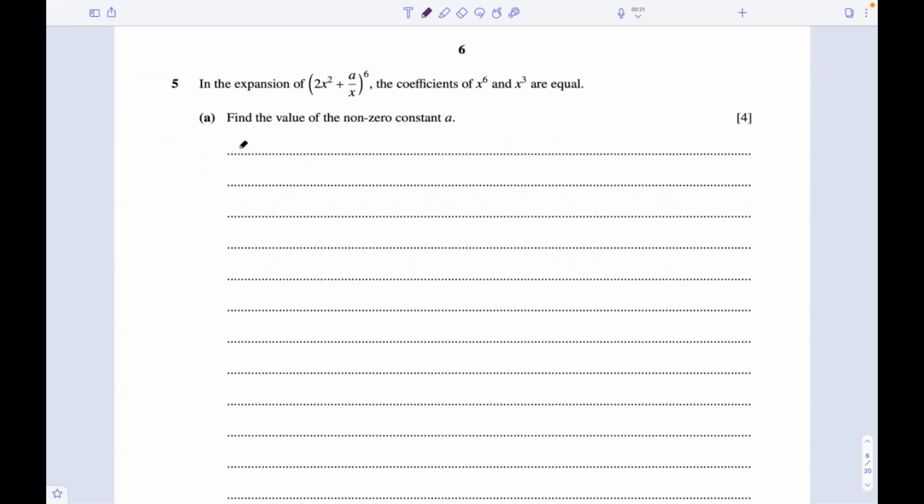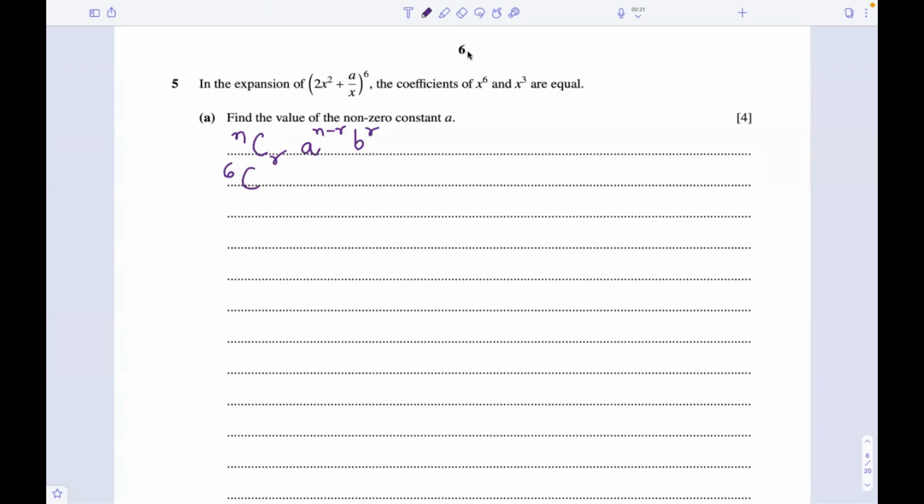To do that, first of all, we'll try to find the coefficient of x power 6 and x power 3. We'll just use the simple formula for binomial expansion. Normally we use nCr, a to the power n minus r, and b to the power r. In this case, we have n as 6.